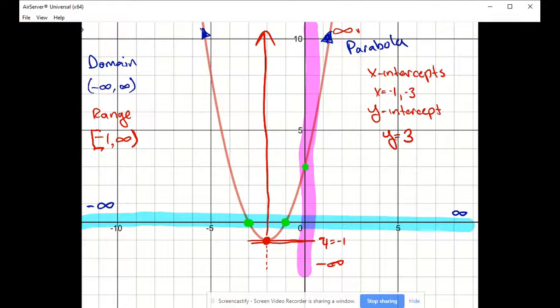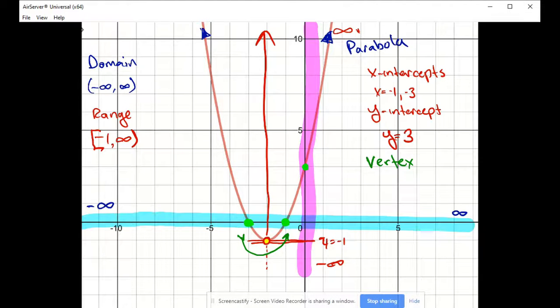Our vertex is right here. And our vertex is simply the point on our graph where our graph changes directions.